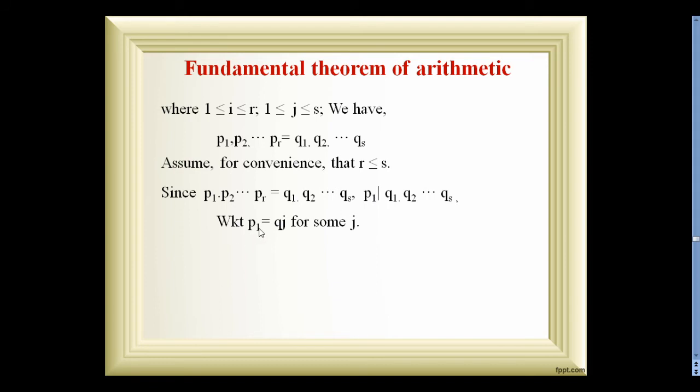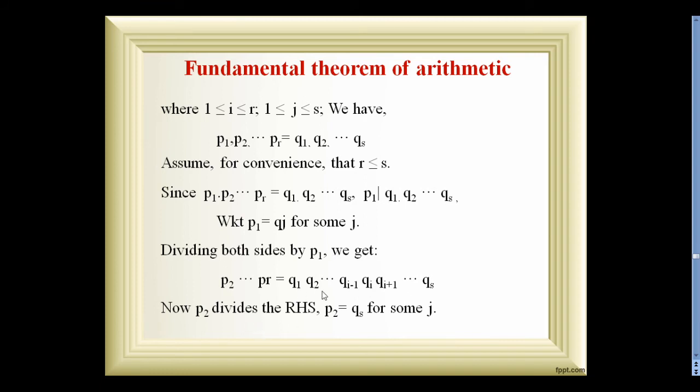So we know that p1 equals qj for some j. Dividing both sides by p1, we get p2, p3 up to pr equals the product of the q's, where qj cancels with p1. So this is your first step.